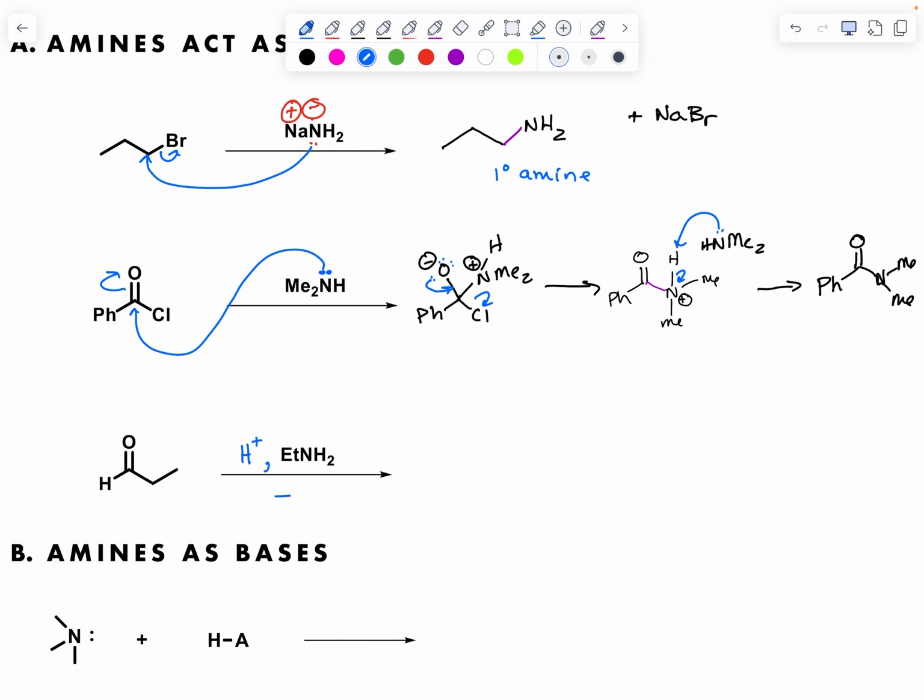If there's no lone pair available, and available is the key word here, then it's not going to act as a base. All right. So let's take a look at these two molecules here.